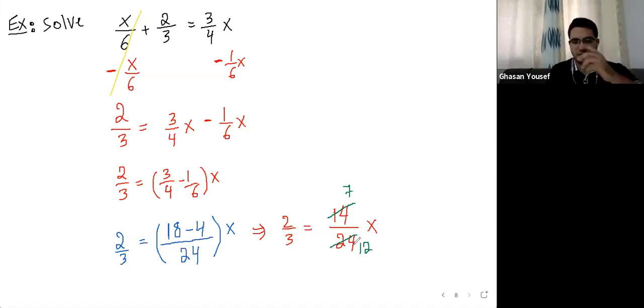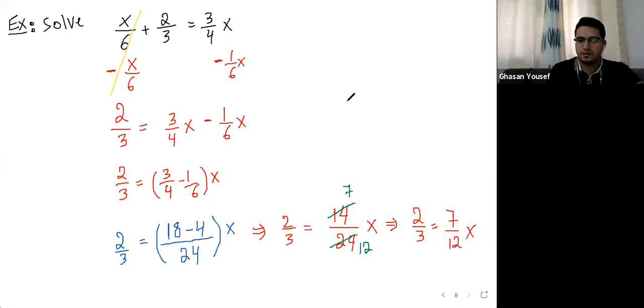That's correct, because if I divide the 24 by 2, it gives me 12 too. So now I get 2 over 3 equals 7 over 12 times x.